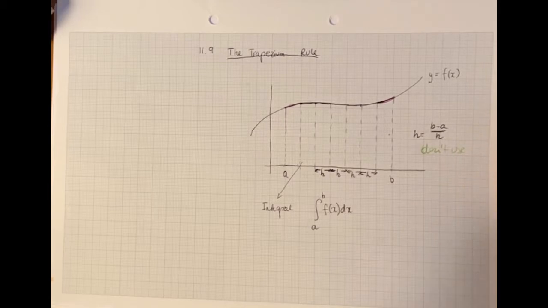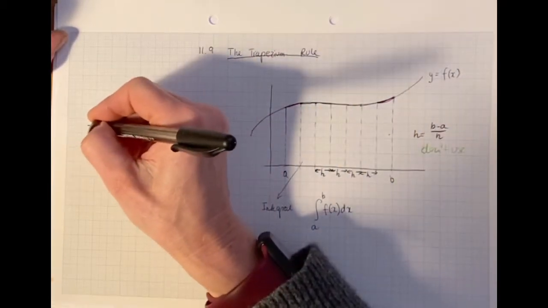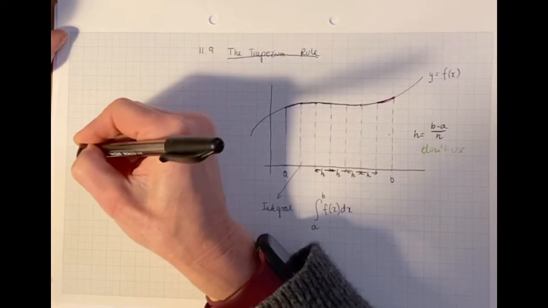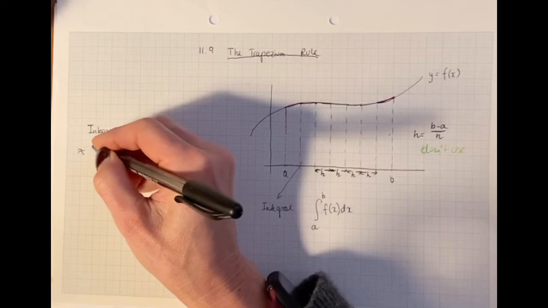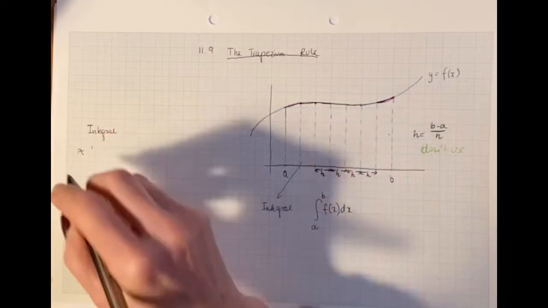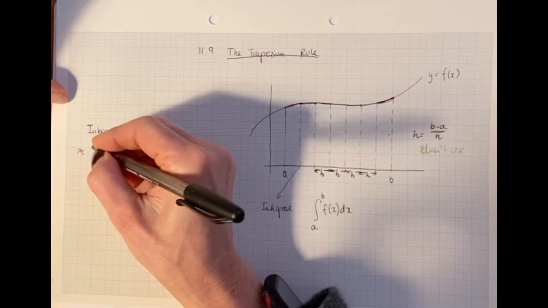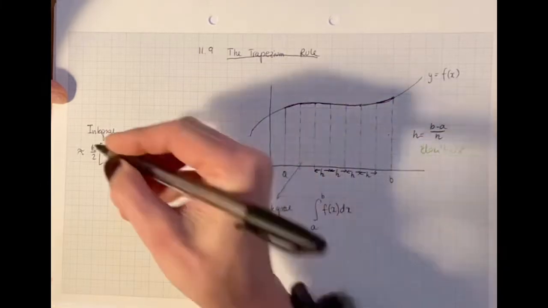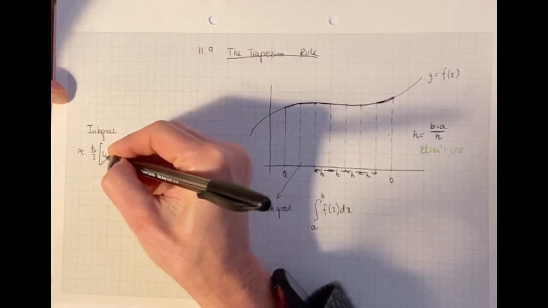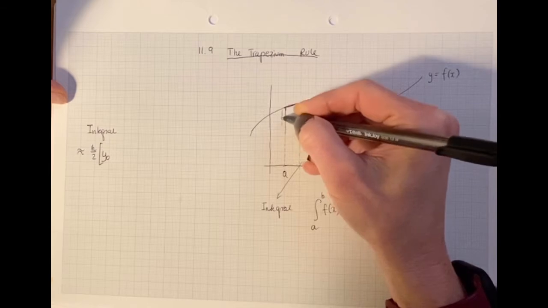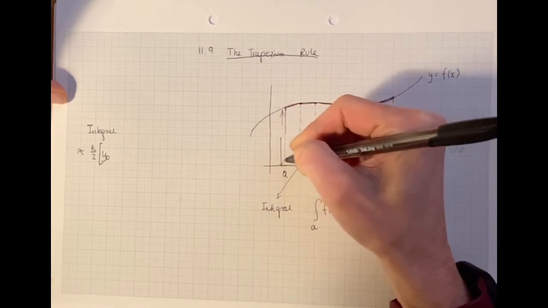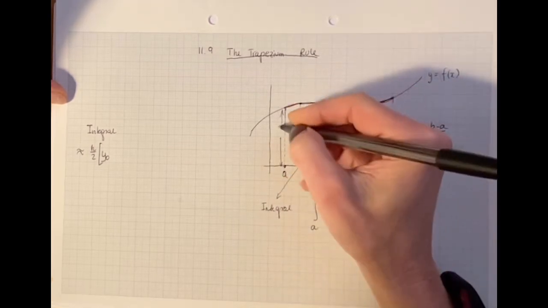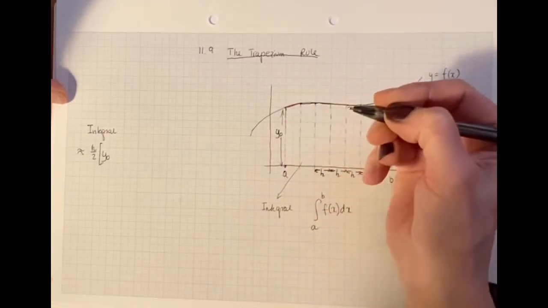The formula is given in the formula booklet, so that integral can be approximated by half of h, so it's h over 2. Then you're going to have the first value of y, which is simply the value of y you obtain by substituting the first value of x that you are evaluating it at, so it's called y0.